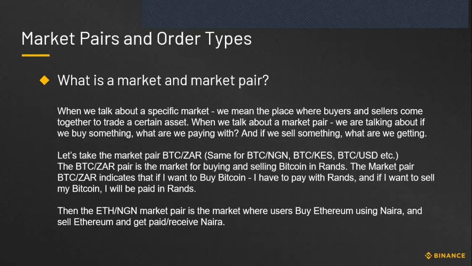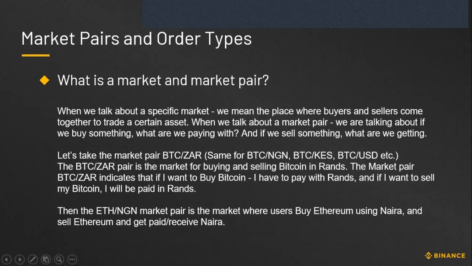So what you are getting is naira, in exchange for that particular asset, the digital asset like Bitcoin. The market pair BTC NGN indicates that if I want to buy Bitcoin, I have to pay with naira. So the first one that you are seeing is the asset.